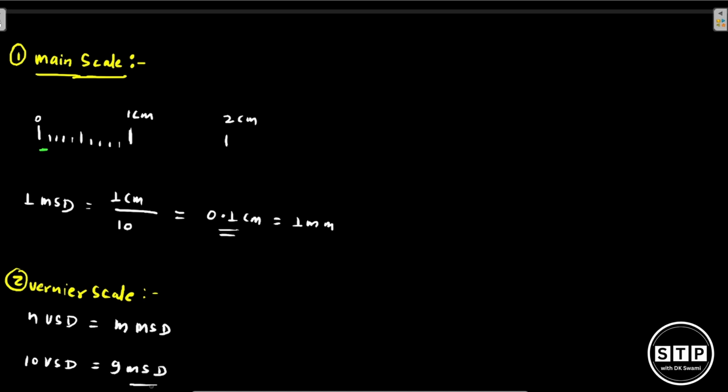We already know the length of 1 MSD, that is 0.1 centimeter. So 1 VSD is 9 multiplied by 0.1 divided by 10, that is 0.09 centimeter.